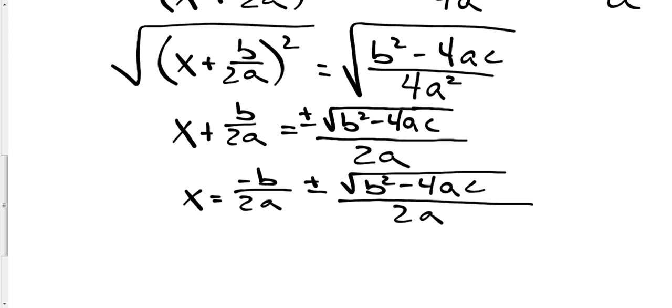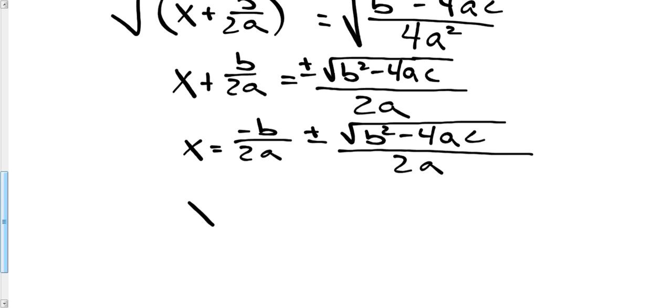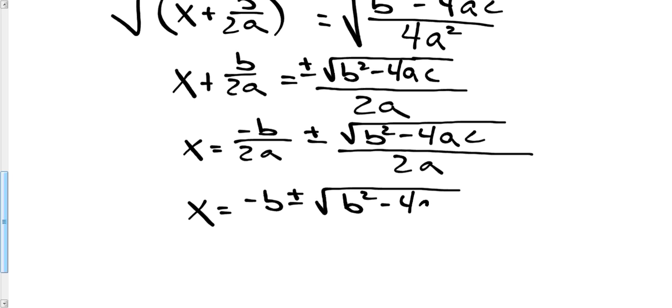Can I combine those fractions? Do I have common denominators? I can put it under one fraction. So x equals negative b plus or minus the square root of b squared minus 4ac, over 2a.